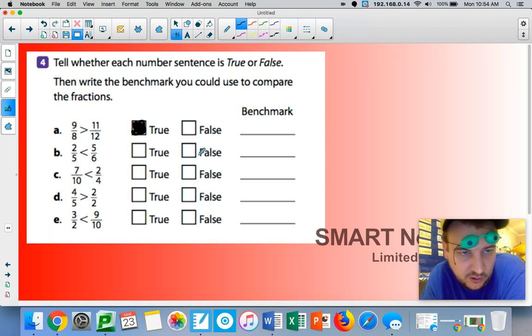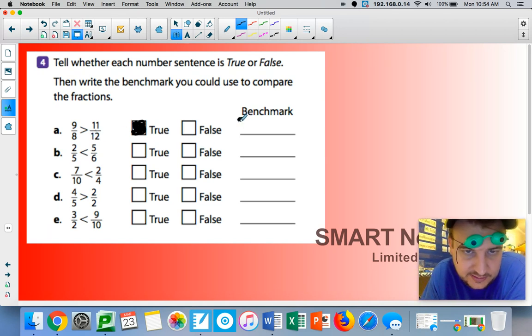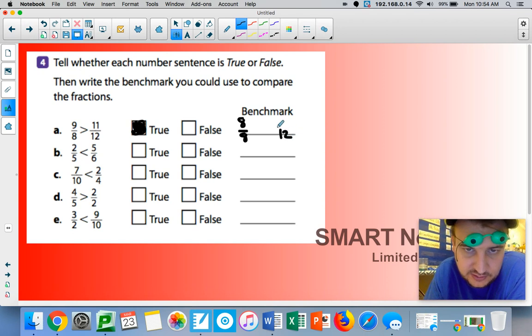So a whole would be 8/8. And you have 9/8, which is more than a whole. A whole of 12ths would be 12/12. You don't have 12/12. You only have 11. So that means 8/8 is bigger. So that means 9/8 is bigger.